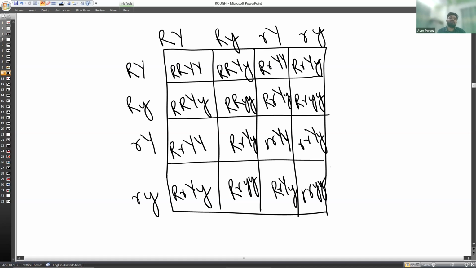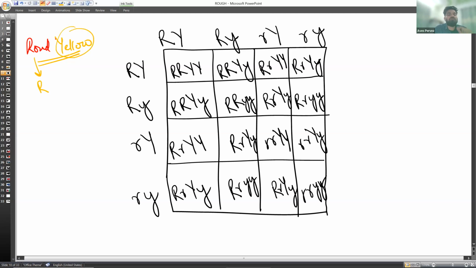Now what we are going to do here is that you need to understand one thing, that for round yellow, if you want to obtain round yellow, what do you need? For round shape, you need at least one capital R, because round is dominant over wrinkled.